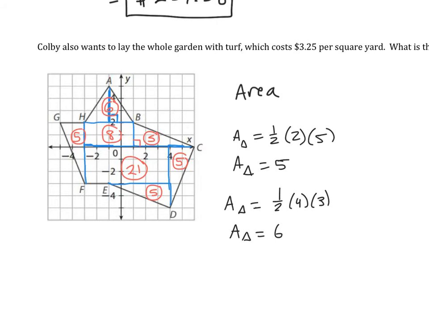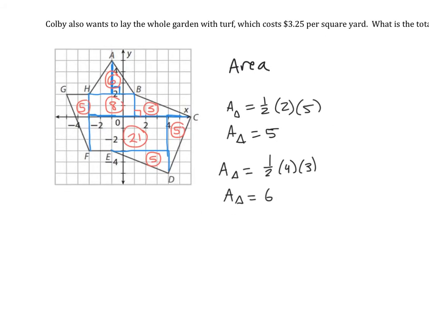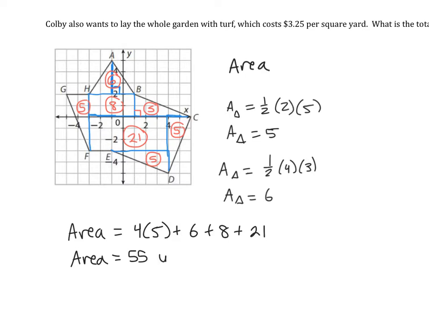So again, to find that total area, we're going to add up all of the individual areas. So we have 4 regions that have an area of 5, so we can do 4 times 5 plus 6 plus 8 plus 21. So here our total area is 55 square yards, so yards squared.